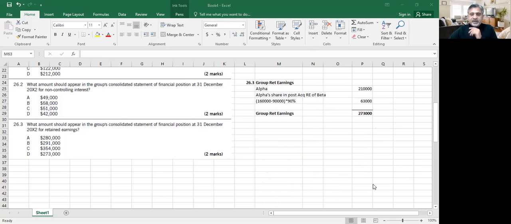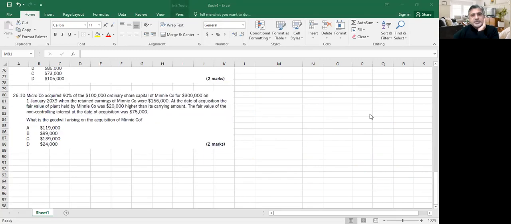So let me pick up one question from the same exercise, and we will do one question with fair value adjustment. Again, very simple. 26.10. Micro company acquired 90% of the $100,000 ordinary share capital of mini company for $300,000 on 1st January 2009, when the retained earnings of mini company were 156.